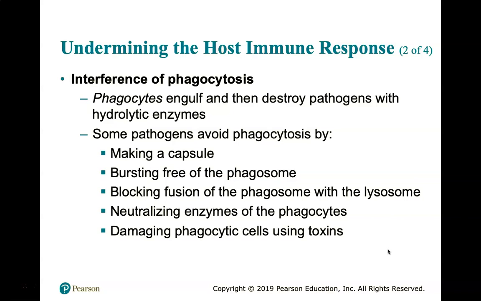And then damaging phagocytic cells using toxins. Remember, toxins have specific targets in many cases, not all cases, but many, and they can attack specific cell types. So these toxins that are being produced by the pathogen can attack phagocytic cells, specific phagocytic cells.